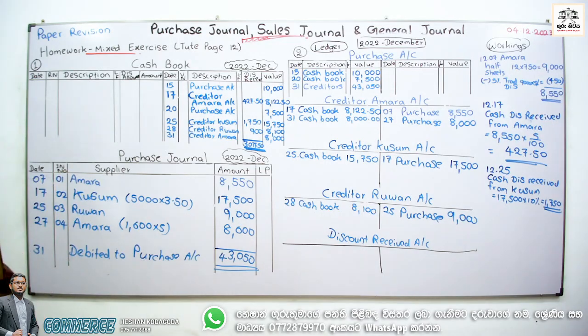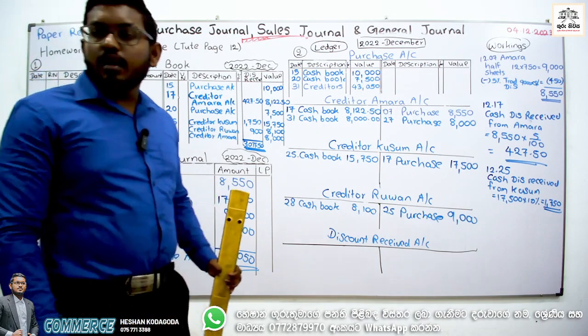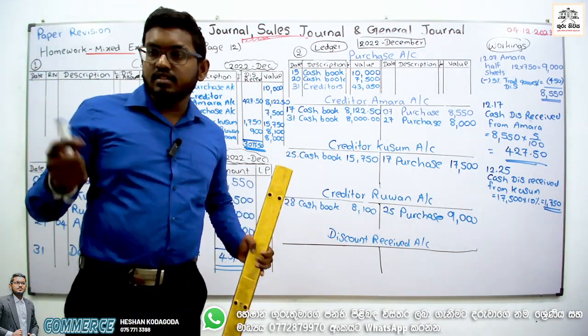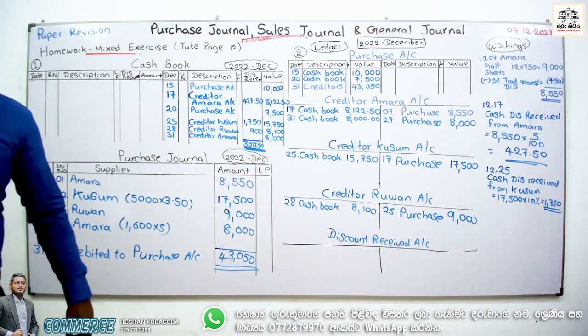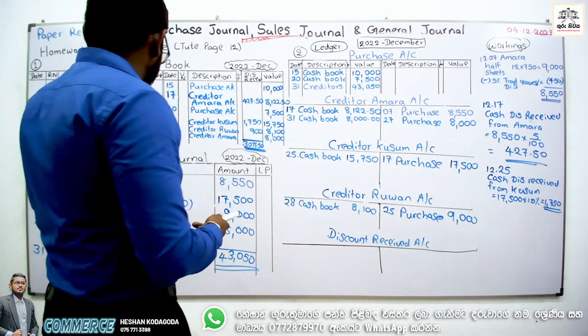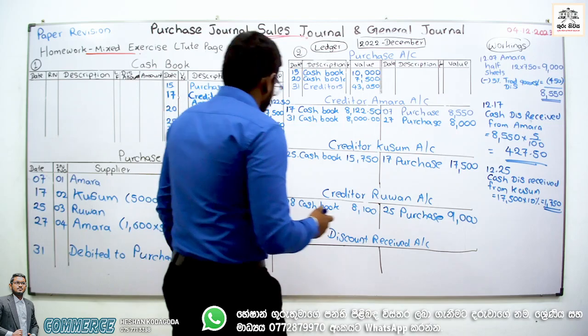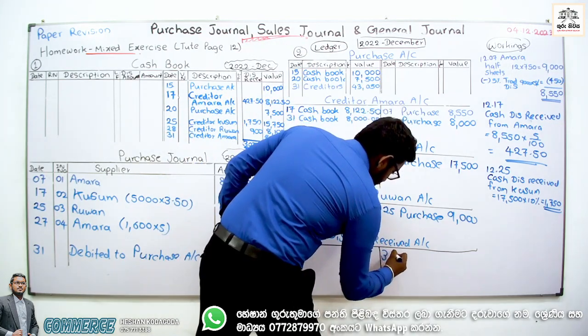So when it comes to discount received, it's an income. When income increases, it's credit. So credit to the discount received account. So how much at the end of the month, 31st?